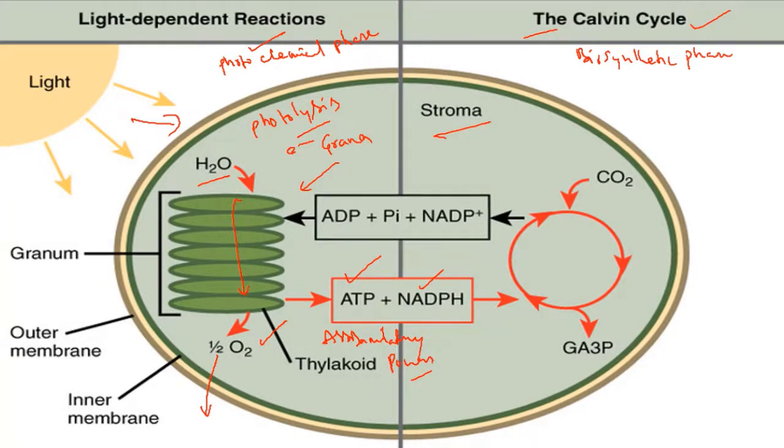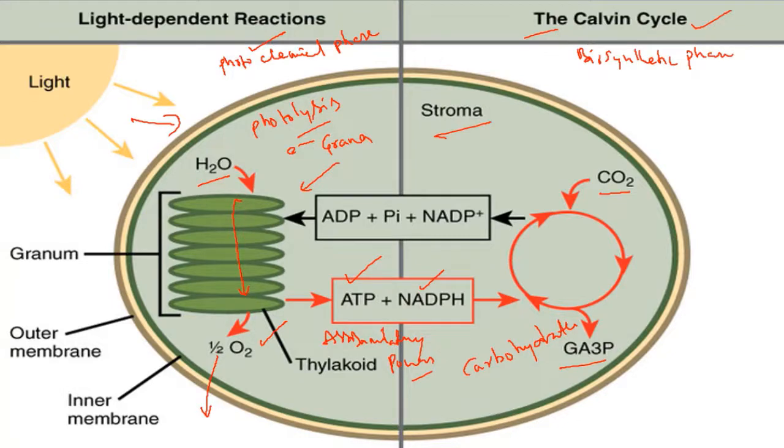In this biosynthetic phase, by utilizing these ATP and NADPH, carbon dioxide is reduced to carbohydrate by forming the intermediate glyceraldehyde 3-phosphate.